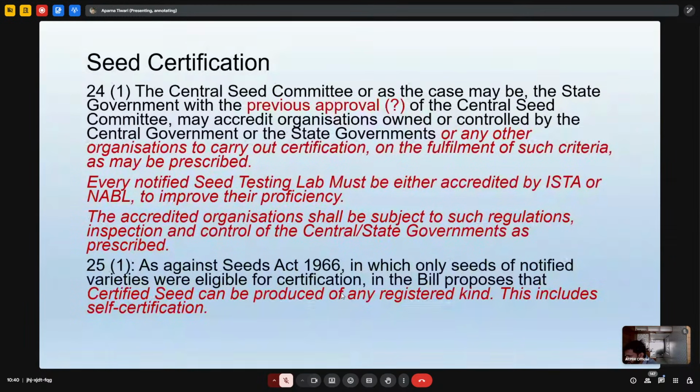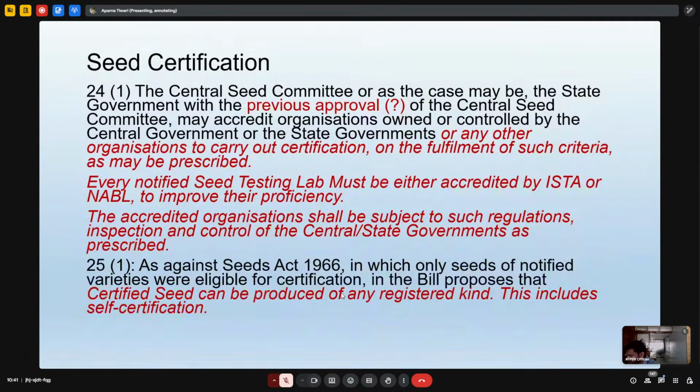Certification. This is another very important component or proposal in this act. It is said that the Central Seed Committee, or as the case may be, the state government with the previous approval of the Central Seed Committee. Now, the state departments, we understand through various discussions, are not very comfortable with the previous approval, because agriculture is a state subject.